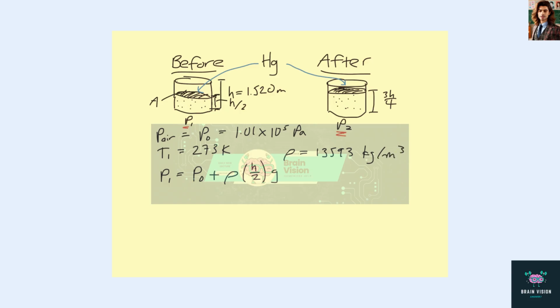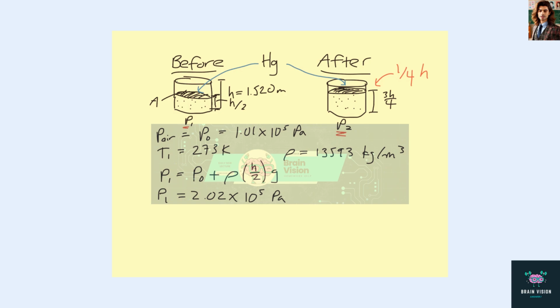And if you plug everything in, you should find that P1 is equal to 2.02 times 10 to the 5 pascals. Now for P2, we need to remember that our gas is actually not 3/4 H below, but is in fact 1/4 H below the liquid mercury.